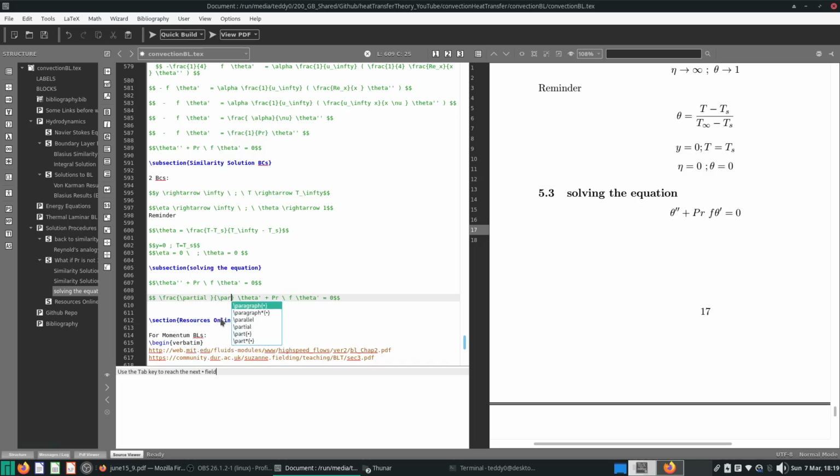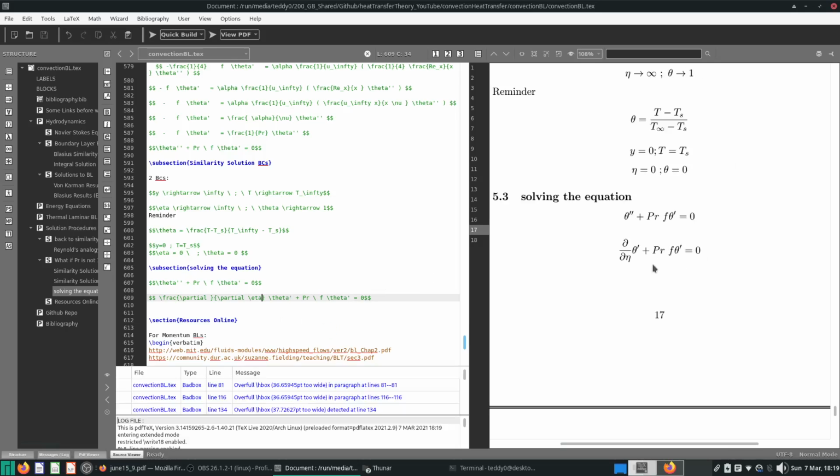Partial by partial eta of theta prime equals this.